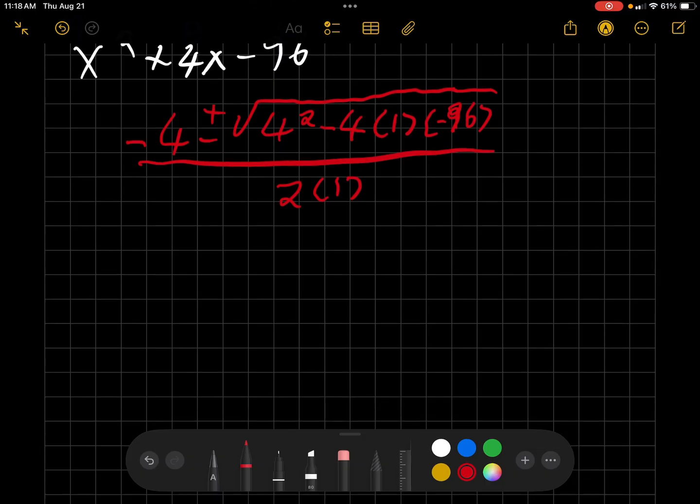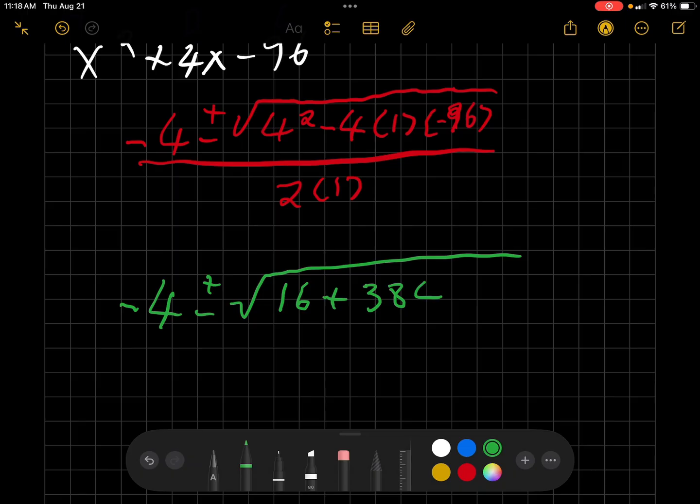So we're just going to take our time and simplify. So 4 squared is 16, minus 4 times 1 is 4, and negative 4 times negative 96 is going to be positive 384. And that is all over 2 times 1, which is just 2.